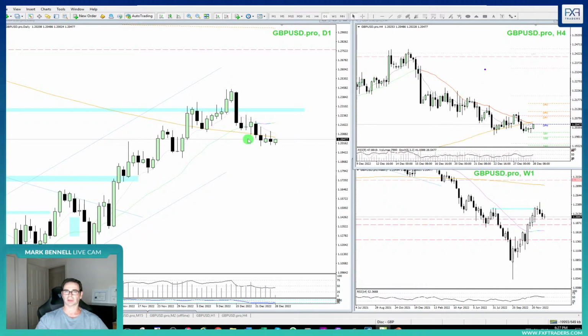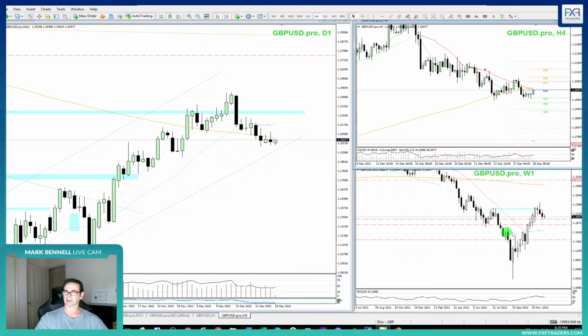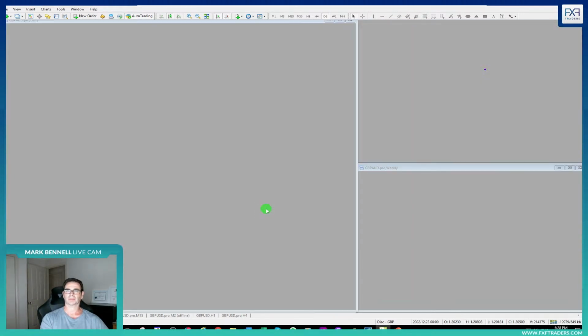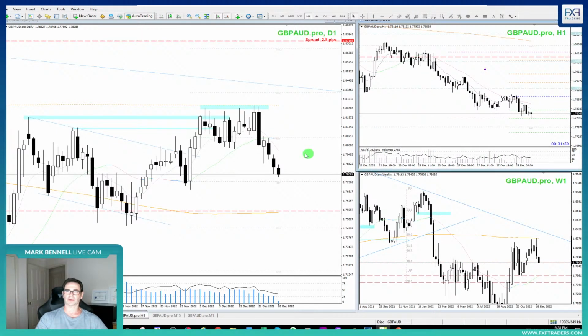Okay, pound, look, it's tackling the 200. It's underneath the moving average. So, yeah, look, just messy. Pound Oz, it's already moved down hard, so I want to see it pull back.